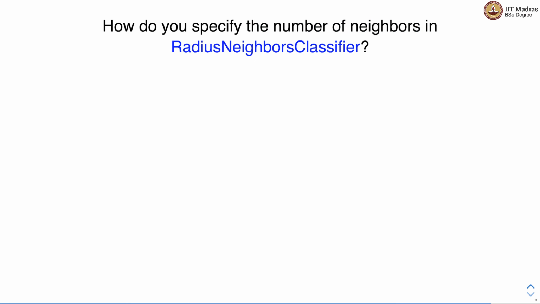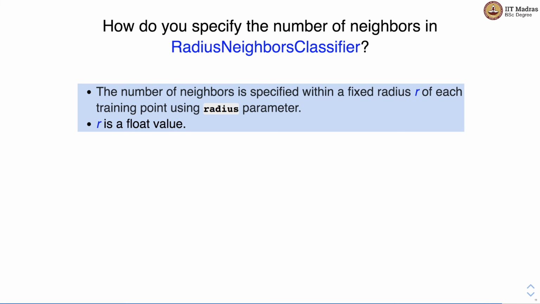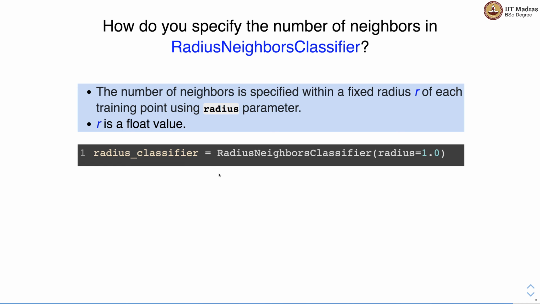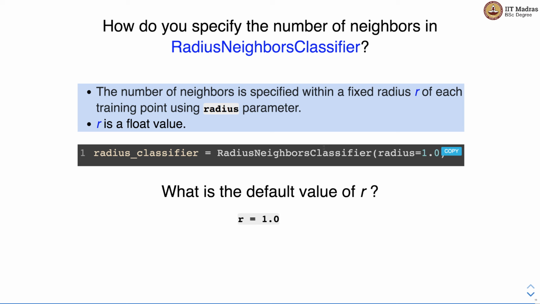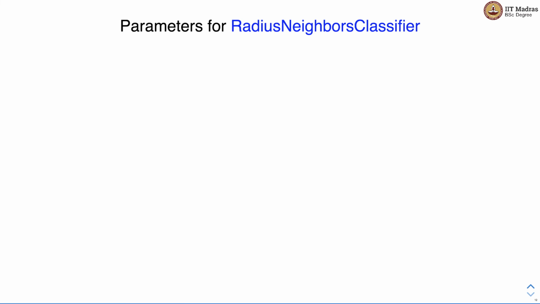Let's see how to specify the neighbors in Radius Neighbors Classifier. As we have seen earlier, instead of specifying the number of neighbors, we specify the fixed radius r, which is a float value, and that radius is set in the parameter radius in the constructor of Radius Neighbors Classifier. The default value of r is 1.